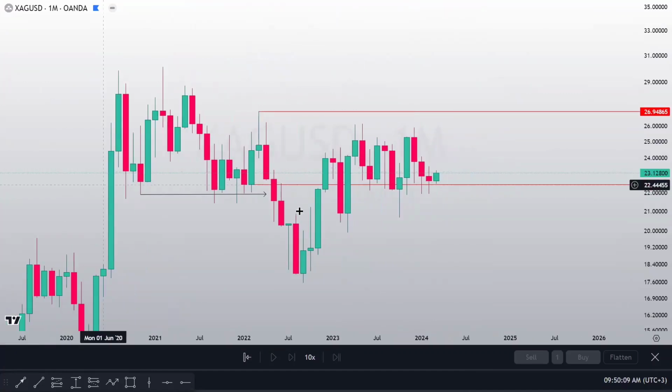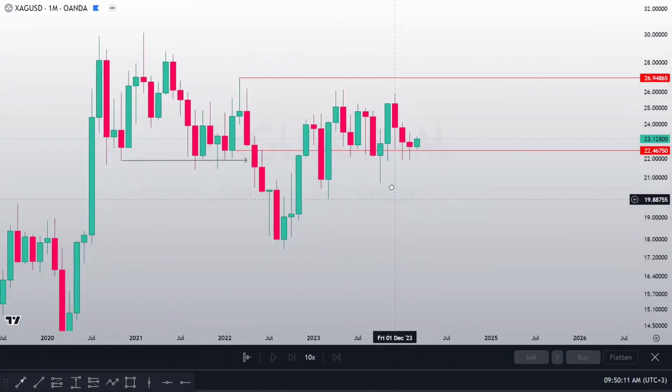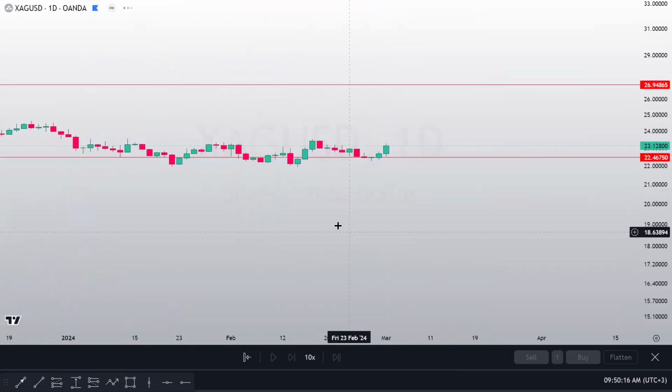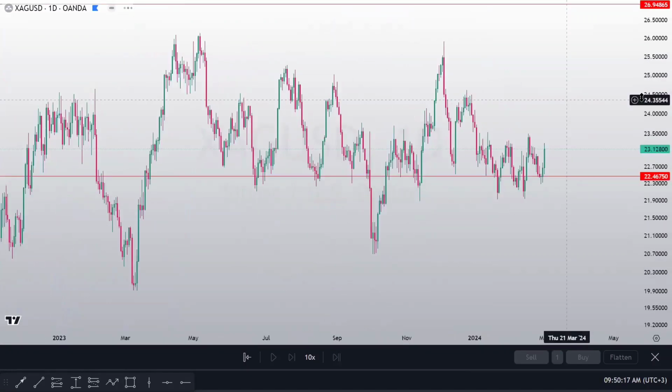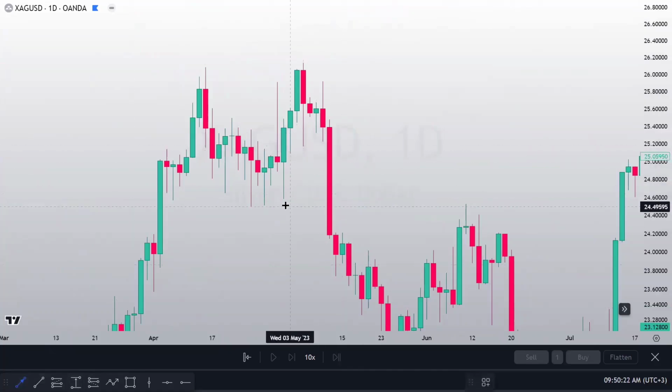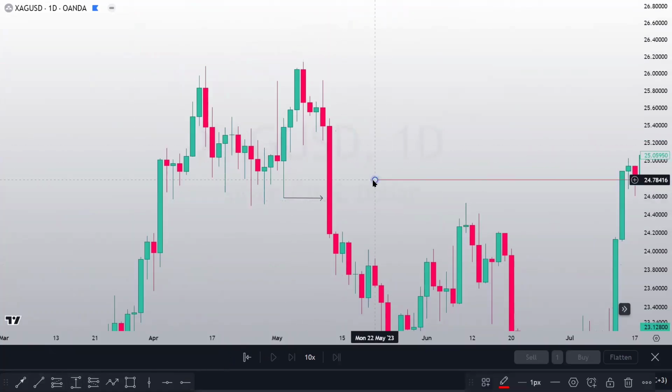Considering the second agglomeration, we had to wait for the market to enter this area so that it could perform a shift on the daily. And the market did perform the shift on the daily time frame on this area right here. This was the shift from the daily time frame, and this was also your formation.